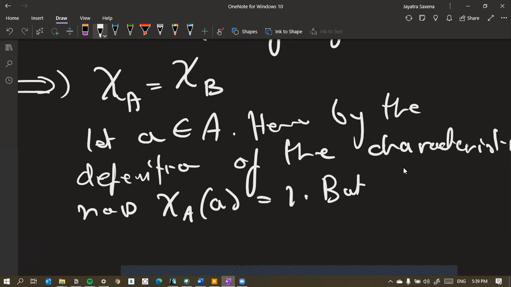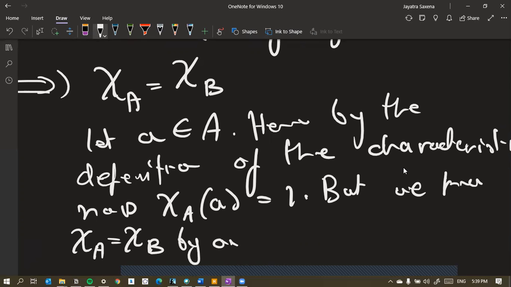But we know X_A is equal to X_B by our assumption.